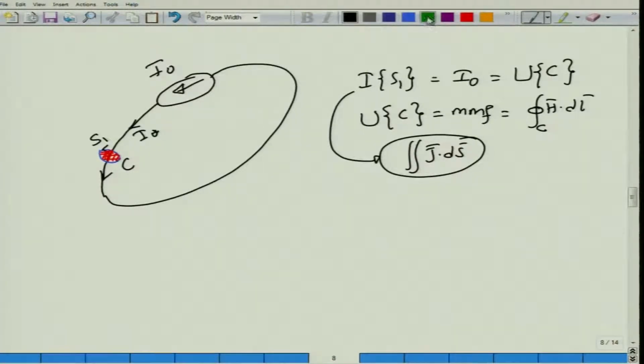Now, there is also no problem if you consider a different kind of surface. Let us imagine that I have some sort of a balloon, and this balloon is the surface that I am considering. This was my contour C, and the balloon that I consider will have the same contour, and it will go through like this.